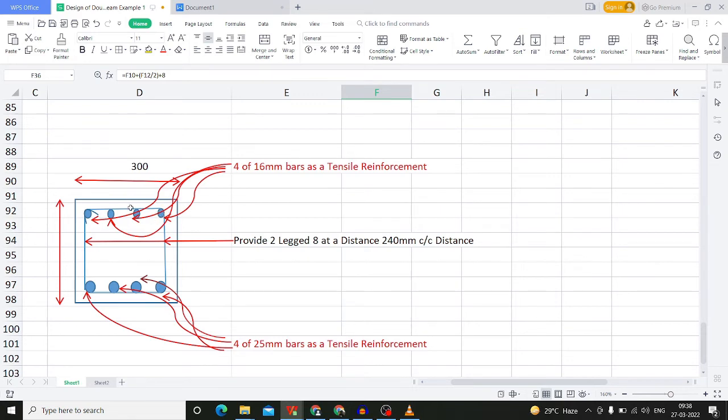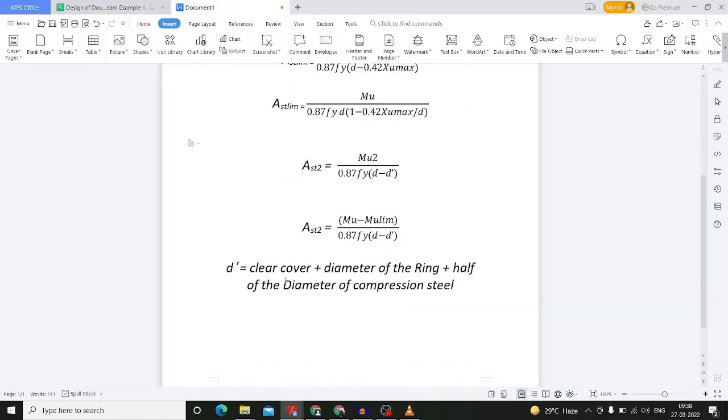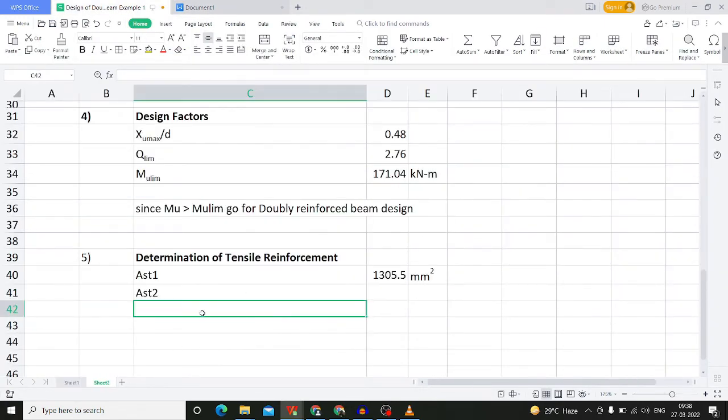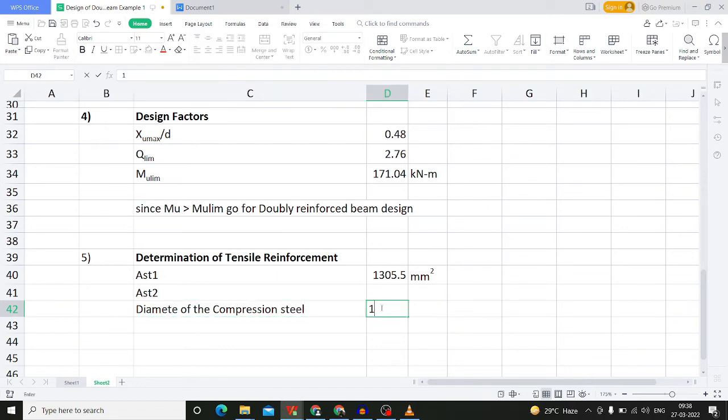So you have to add the clear cover plus the diameter of the ring, the stirrups, plus half of the diameter of the compression steel. Here I have written d dash equals clear cover plus diameter of the stirrups plus half of the diameter of the compression steel. In that we have to define the diameter of the compression steel; we shall take it as 16 mm.